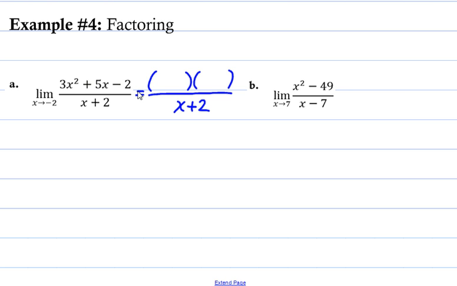So this is A, this is B, and this is C. So A times C, so that's 3 times -2, that's -6. B is 5. So I need two numbers that add up to 5, but when they are multiplied, they give me -6.